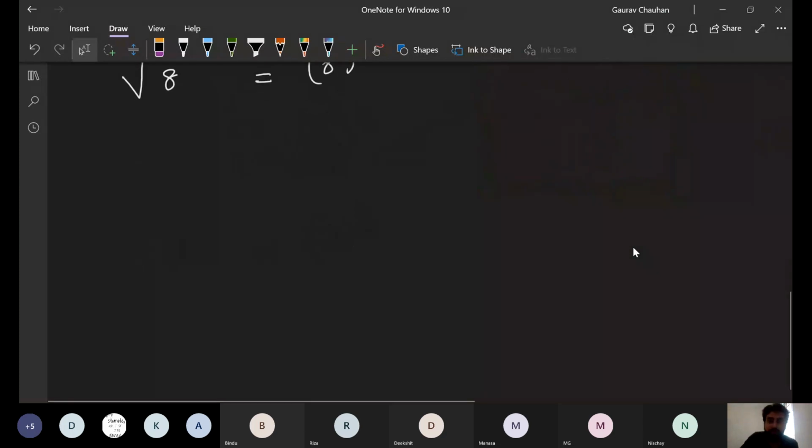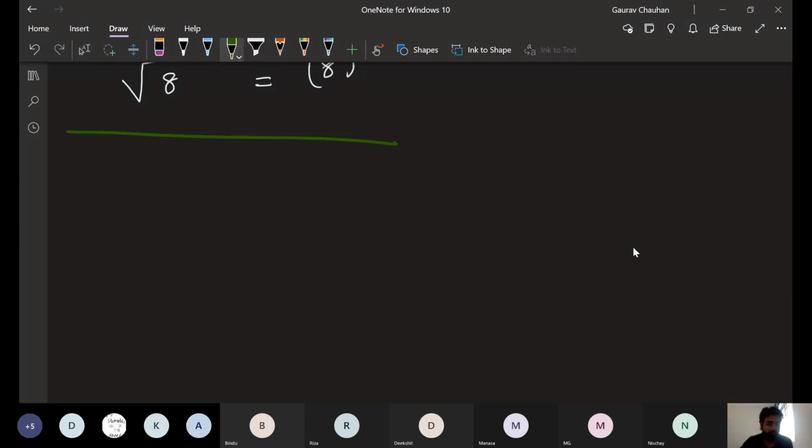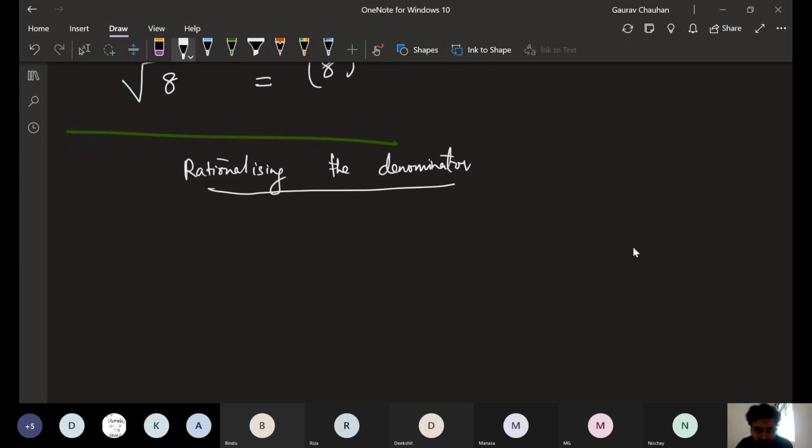There was another important part which I wanted to recap, which was rationalizing the denominator. Now, we all know root 2, which we saw in Monday's class, root 3, pi.